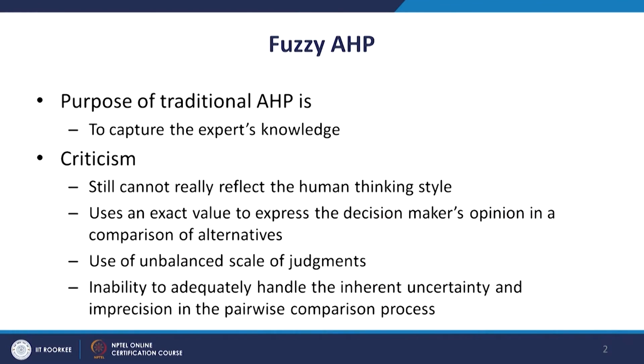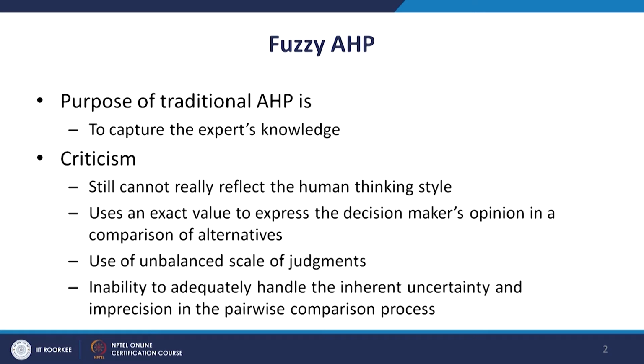However, there are certain criticisms of AHP which are in line with why we are going to use fuzzy sets in combination with AHP. Some of the criticisms of traditional AHP: it still cannot really reflect the human thinking style. It uses an exact value to express the decision maker's opinion in a comparison of alternatives.